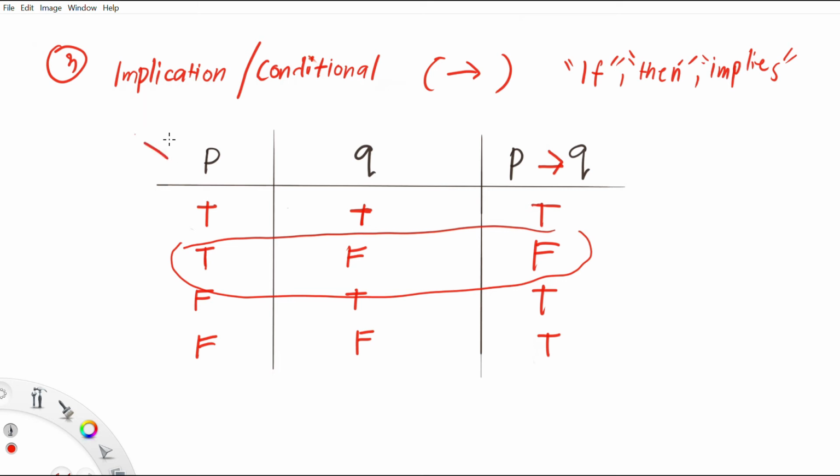The first proposition is called the antecedent, and the second one is called the consequent. It is only false if the antecedent is true and the consequent is false.